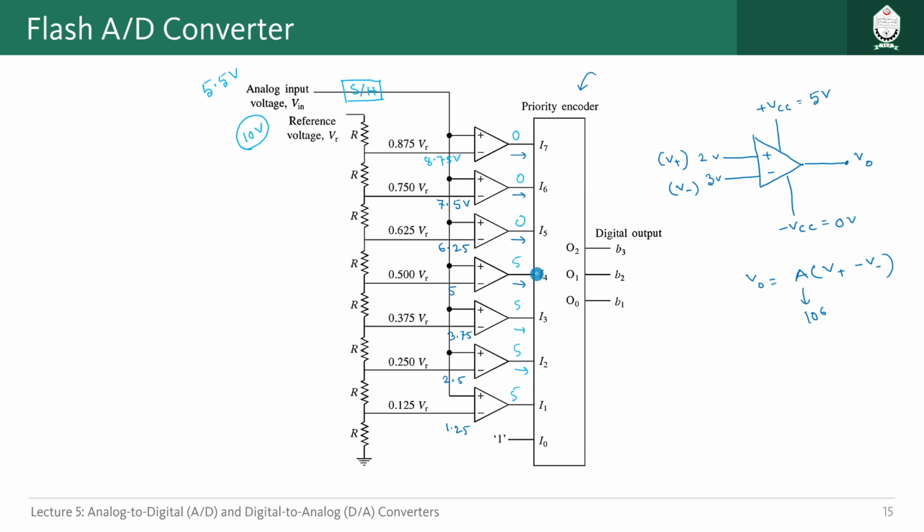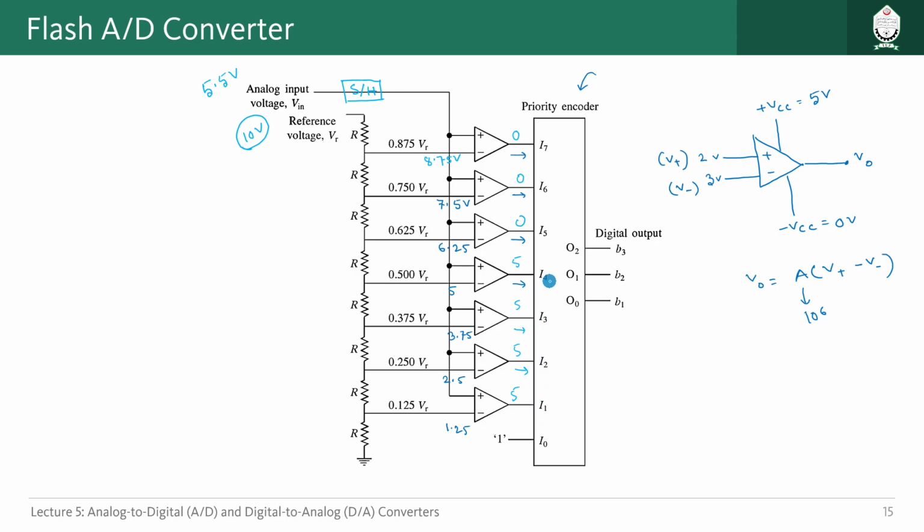So I4, I3, I2, I1 are all getting logic 1, and I0 by default takes logic 1, because if nothing is happening, the output digital value should be 0 0 0. In this case, I4 gets the highest priority compared to all the others.